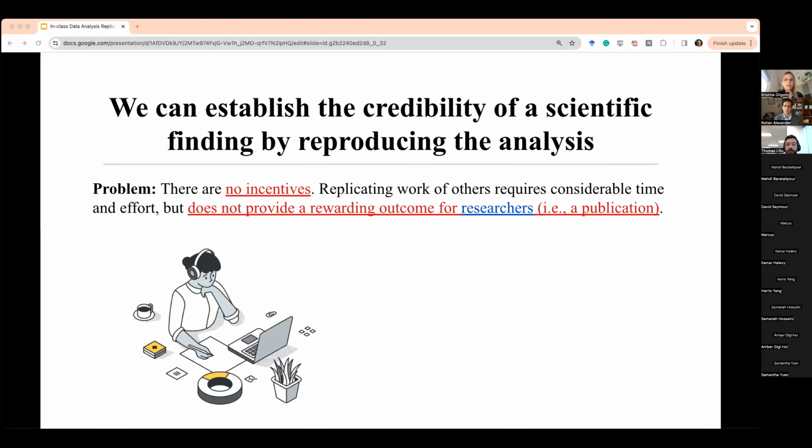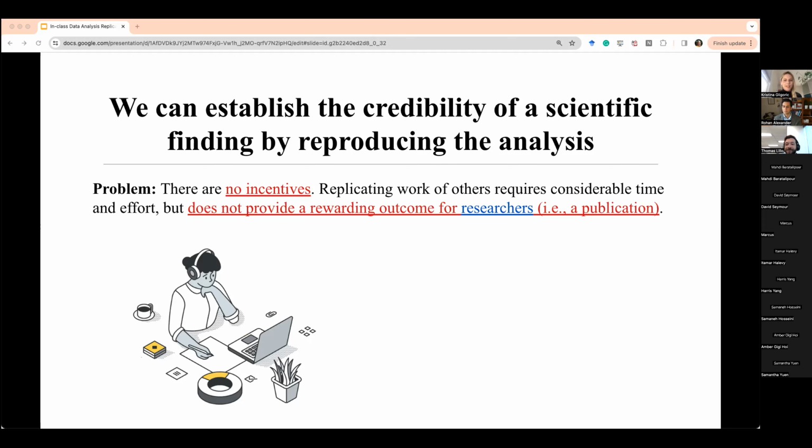We think that this is one way to try to establish the credibility of scientific findings: have independent data analysts replicate existing results. However, there are really no incentives to do that. Even though researchers are increasingly encouraged to share code and materials, the incentives are just not there.